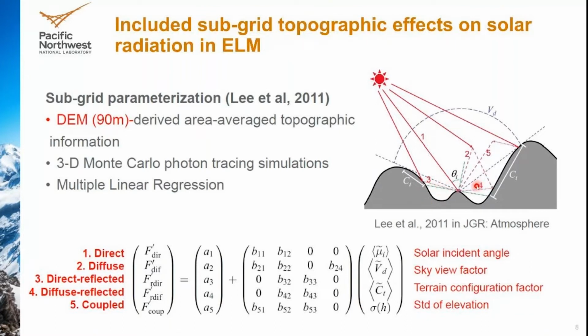Four is diffuse radiation reflected by the ground surface, and five is the remaining part, a coupled flux. We use Monte Carlo simulation to build the relationship between radiation components and some topographic factors. The evaluation shows this multiple linear regression has good performance.